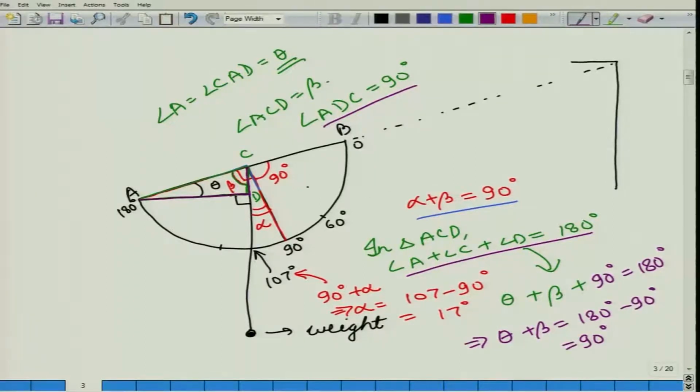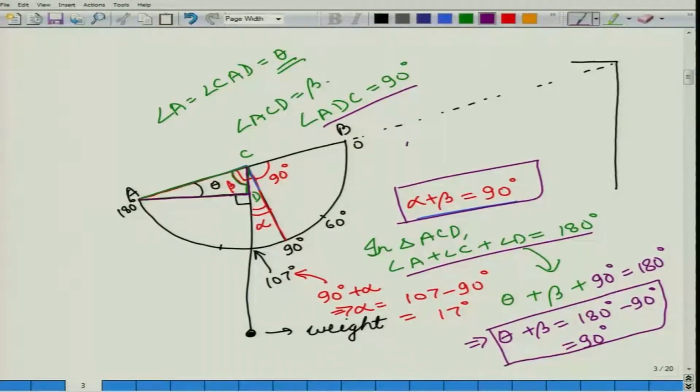Now, we have already derived that alpha plus beta is equal to 90 degrees. So, from here we are getting that theta plus beta is equal to 90 degrees, which is equal to alpha plus beta. Now, subtracting beta from both sides, we get that theta is equal to alpha. So, the angle that we are trying to measure is equal to this angle.